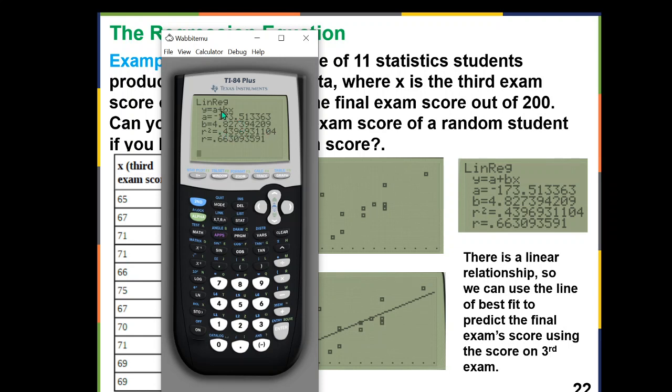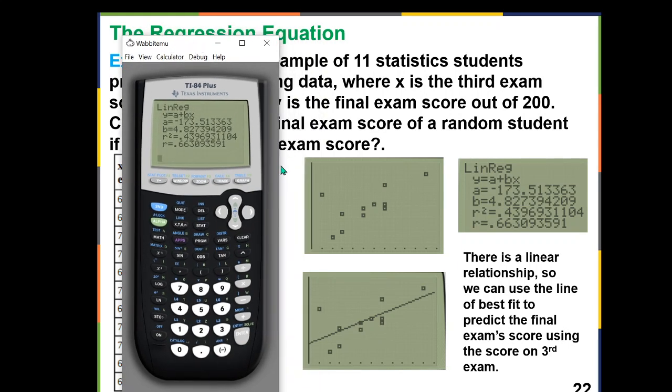So what I have is an equation that goes through these points and is closest to all of them. Now, that is actually a pretty difficult problem to solve, but as I said, we can use calculus, linear algebra, and differential equations to find this line, but the calculator is programmed to do it. See, it did it already. So we don't have to worry about that.